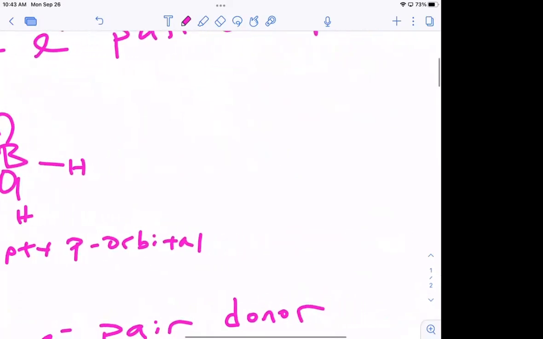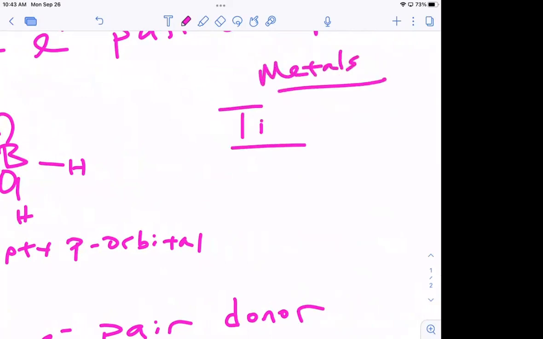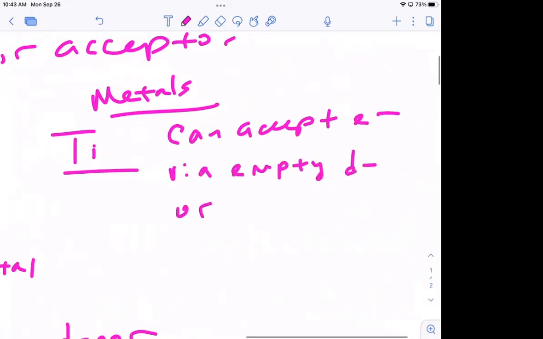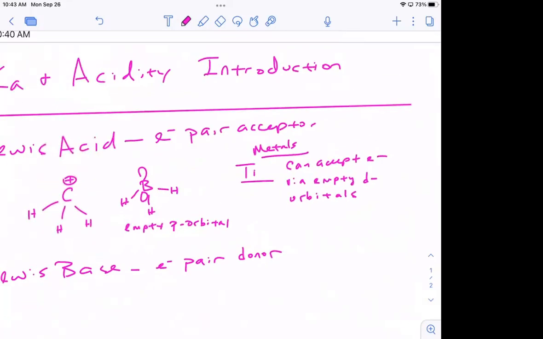A metal, like titanium, is a good Lewis acid. Your metals have d orbitals a lot of times that are empty, so they can take electrons. These are just a few examples.